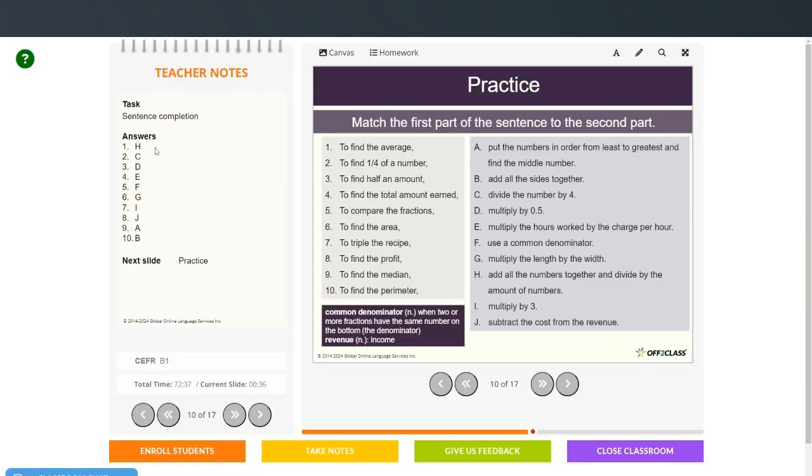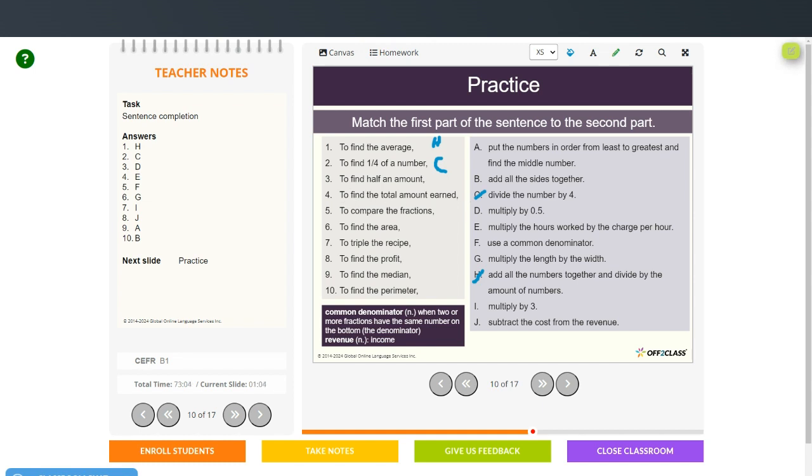All right, so to find the average, that is H. You add all the numbers together and divide by the amount of numbers. To find 1/4 of a number, that would be letter C, divide the number by 4.